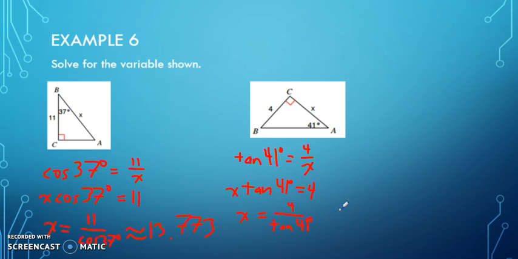Again, make sure that your calculator is still in degree mode. So 4 divided by tangent of 41 gives me approximately 4.601.